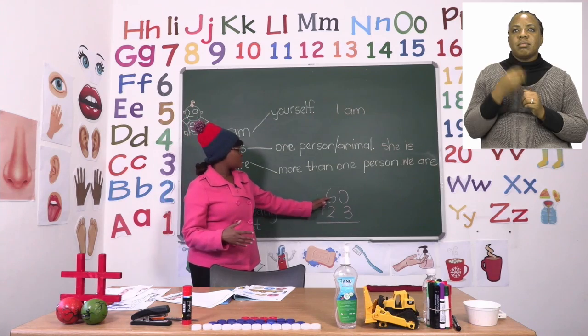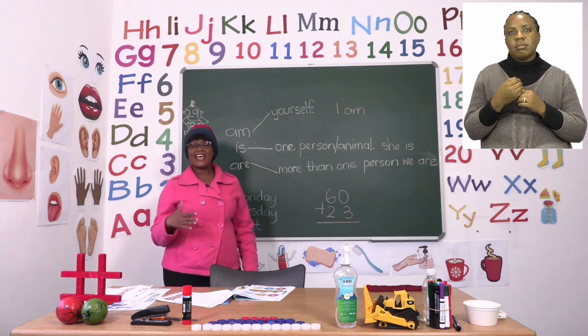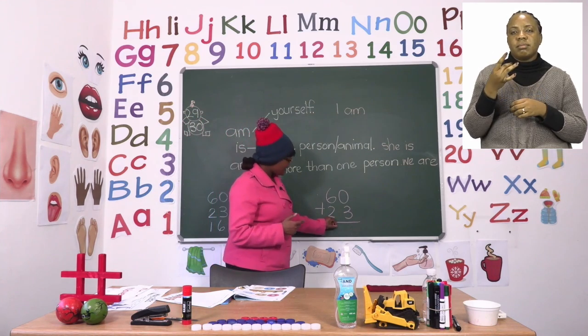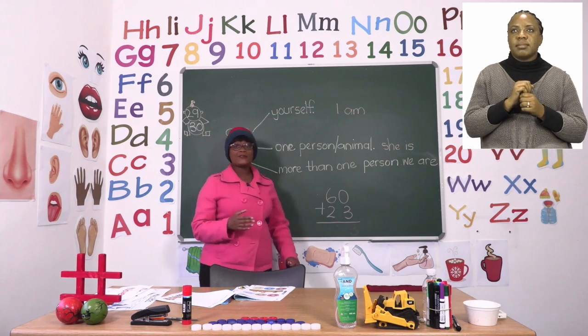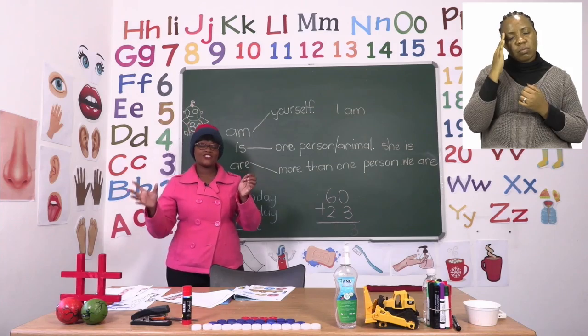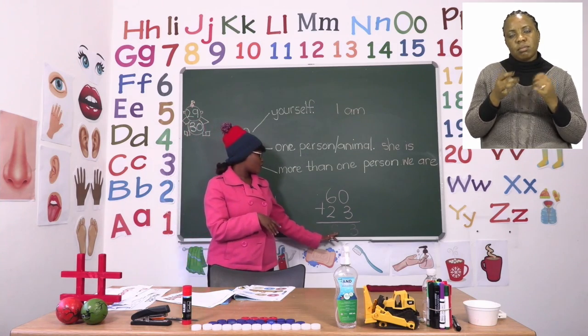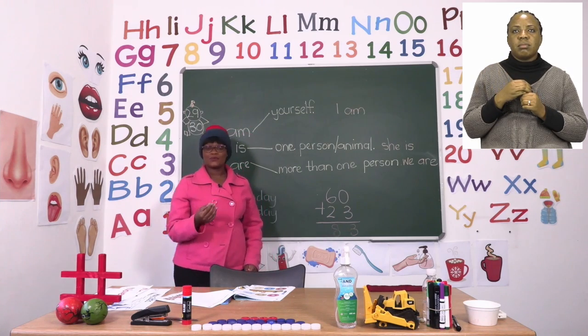It says 6 plus 2. I have 6 things and I add 2 more. My answer will be 8. So we now know that the bottles from Monday and Tuesday put together give us 83. Now we can subtract.